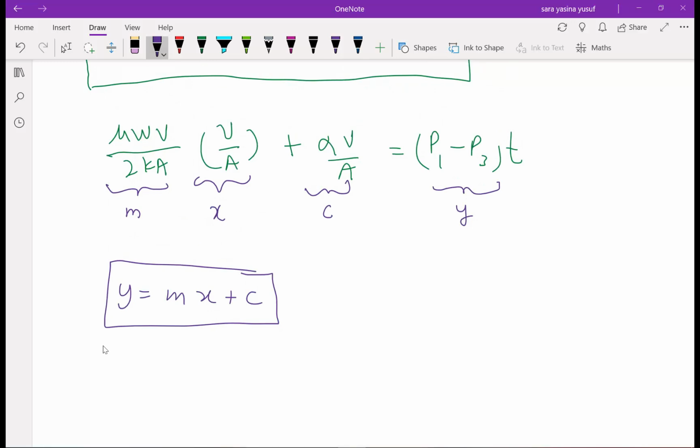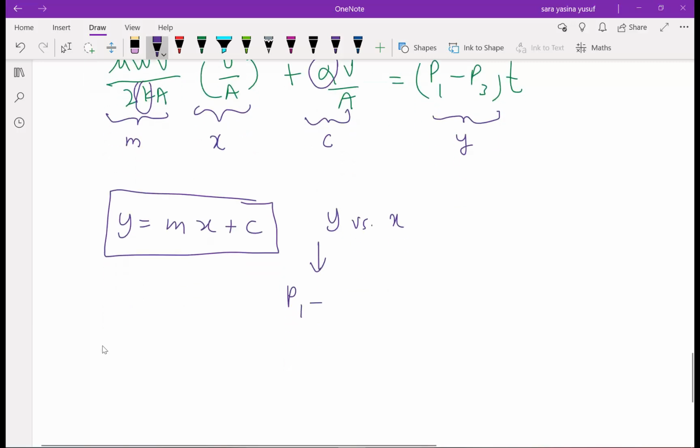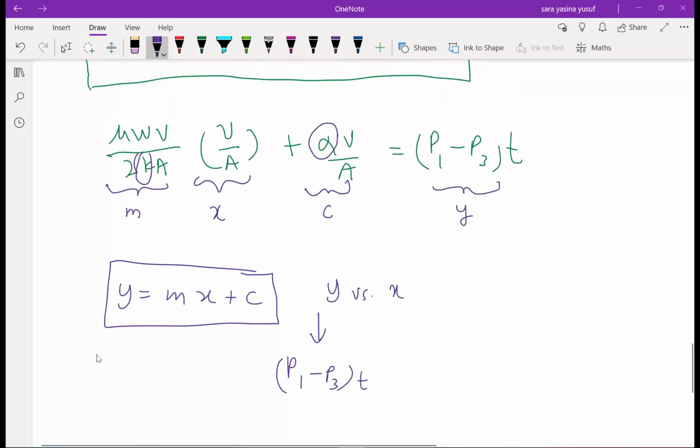Therefore this will enable you to calculate ataupun to determine apakah k and apakah alpha. Okay, so macam mana? So you have to plot a graph of y versus x, in which you punya y is p1 minus p3 t, and you punya x is v over a.